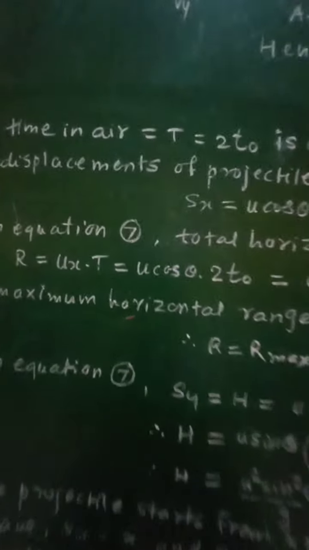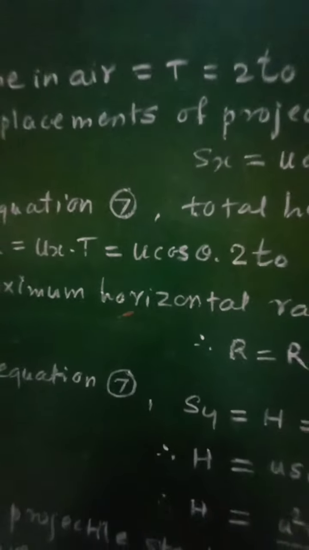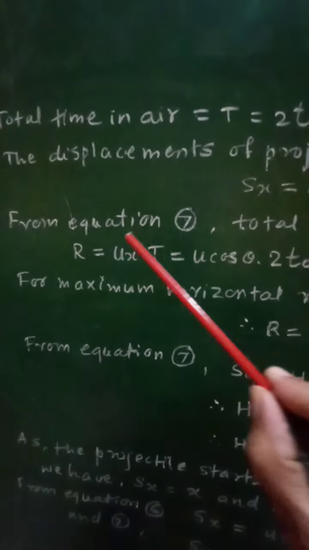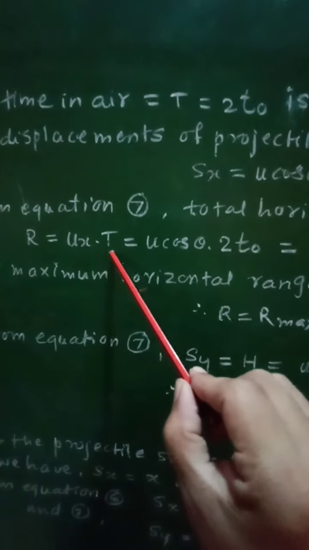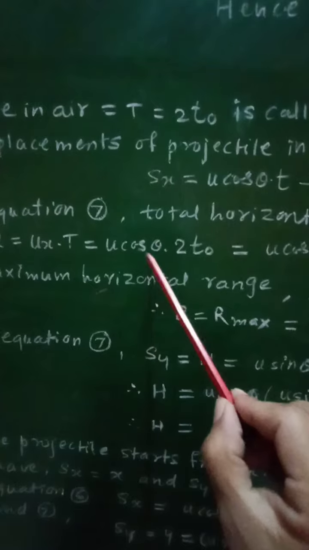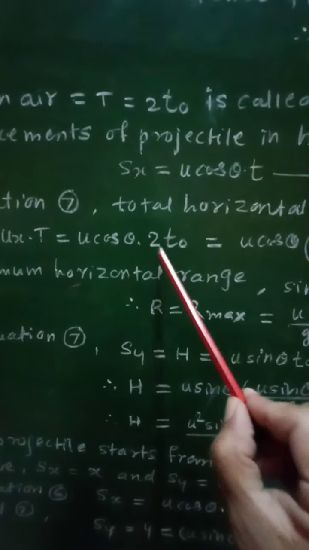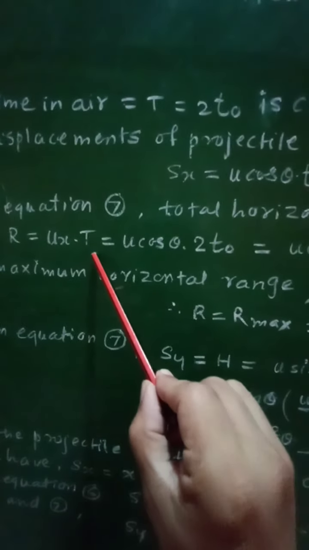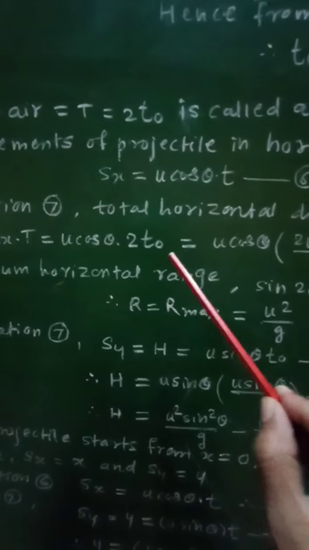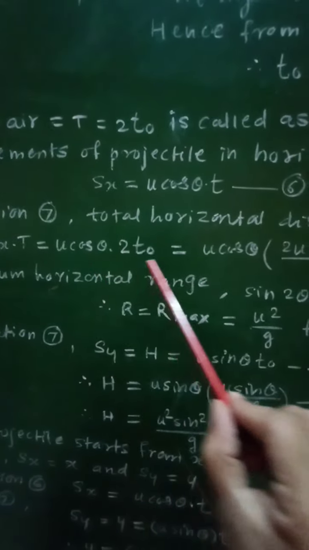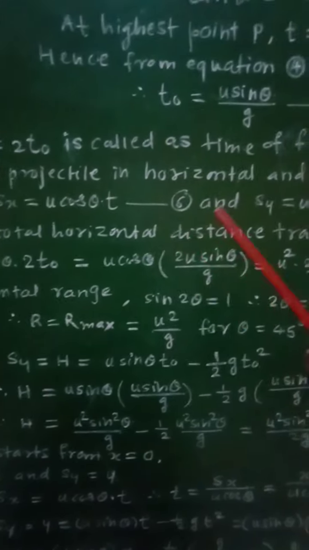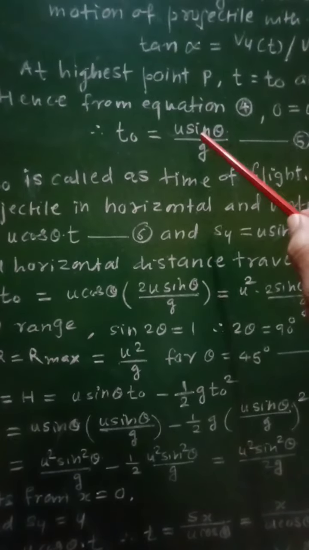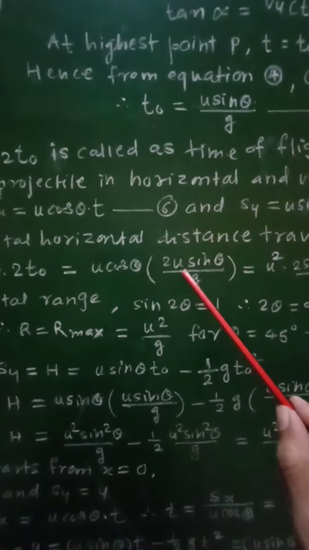we can write R, the maximum horizontal range or horizontal distance covered, will be equal to ux into t, that is equal to u cos theta into 2t0. This t will be replaced by 2t0. This will be written as u cos theta as it is, and the value of t0 will be kept here, that is u sin theta upon g, multiplied by 2.